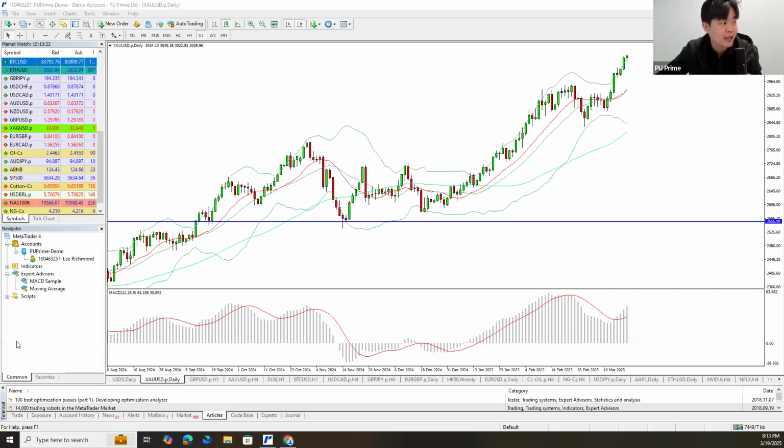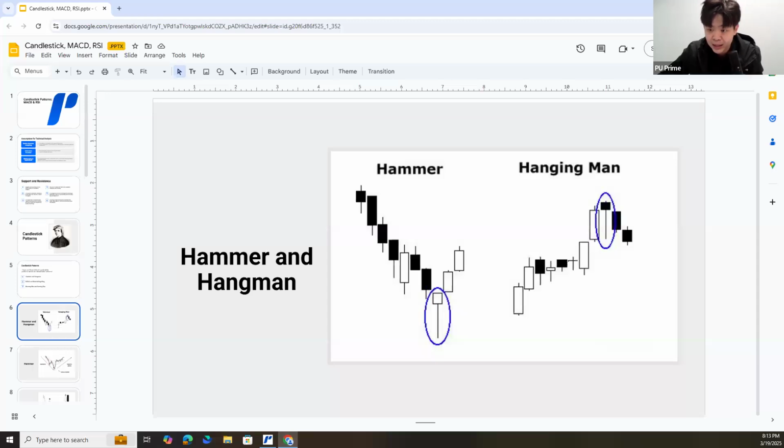And then definitely later we will show you more examples so you can have a better understanding of what a hammer is. So remember what the hammer pattern is? It's like a hammer, a short body and then a very, very long shadow. And then the hanging man is just on the top. So it's like the trend is going up, then from a hanging man, it might drop. So the hanging man pattern is also similar to the hammer.